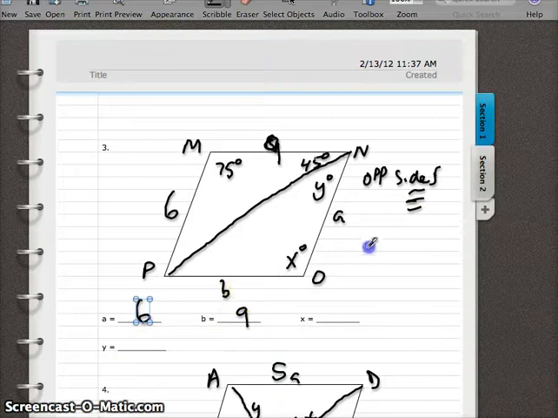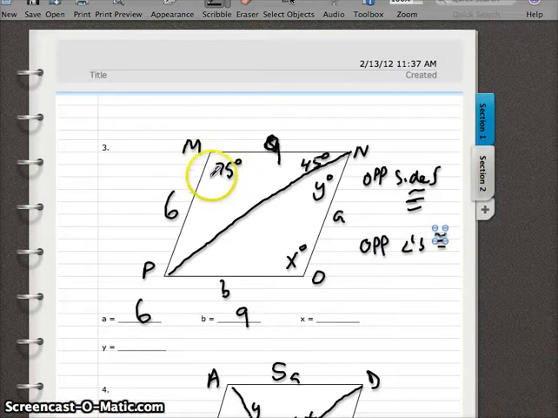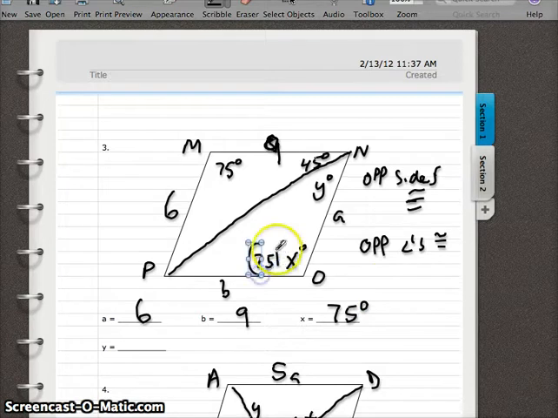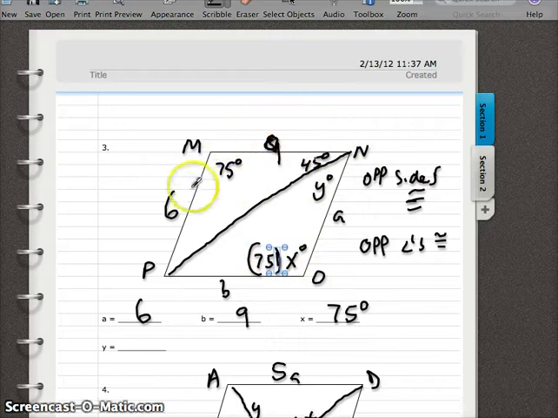What else is in this picture? I think we can use opposite angles are congruent. So if this is 75, then opposite from that is X. So X must be 75 degrees. And what's missing is Y. Well, we can do it one of two ways. We know this is 75. So we can either look at the right side and the same side angles adding up to 180, or we can look at the top here and say that same side angles have to add up to 180. Doesn't matter.